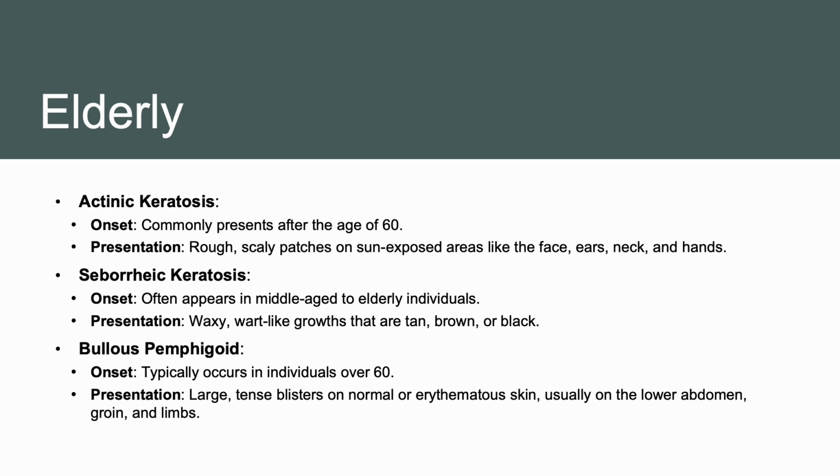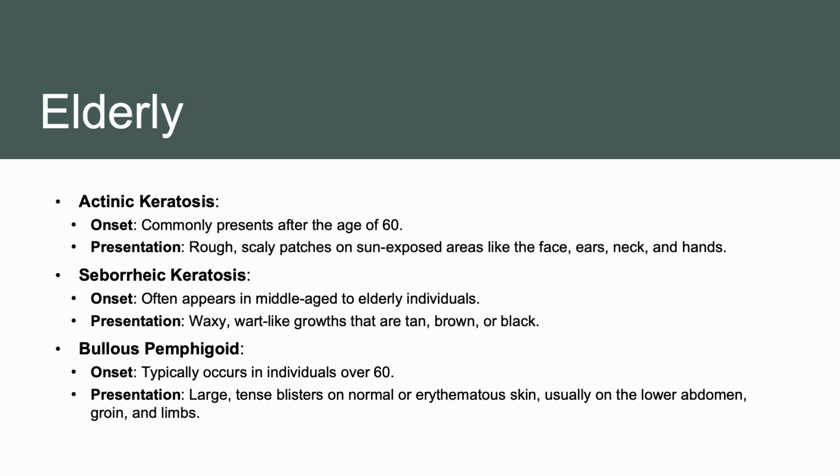Common dermatologic conditions in the elderly include actinic keratosis, which commonly presents after the age of 60, with the rough, scaly patches, papules, or plaques on sun-exposed areas like the face, ears, neck, and hands, also bald scalp.